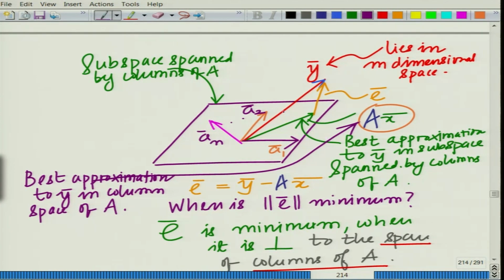This is the best approximation to y bar that lies in the subspace spanned by the columns of A. And what is the best approximation to any vector in a particular subspace? That is nothing but the projection of that vector in that subspace, right. That is why the error vector is perpendicular. So, A x bar, which is A transpose A inverse A transpose y bar, is the projection of y bar in the subspace that is spanned by the columns of A. That is the interesting aspect.